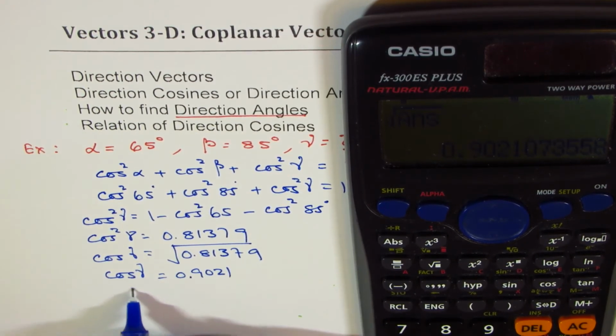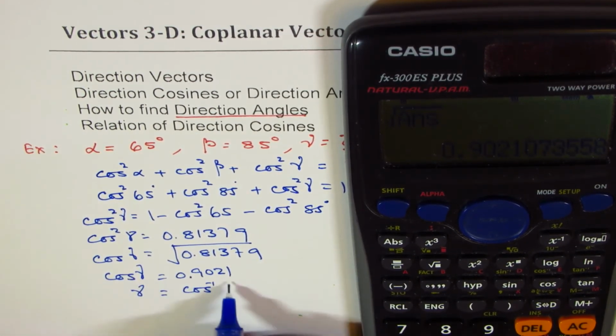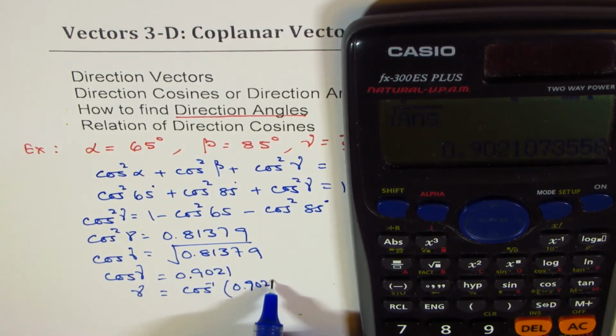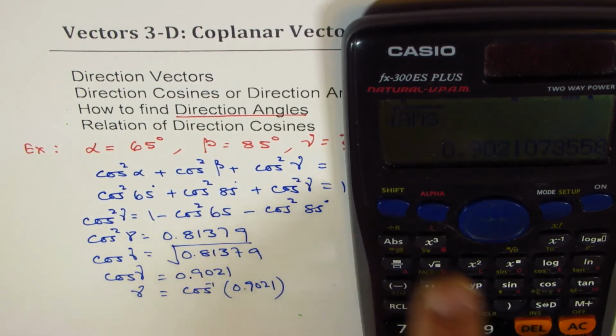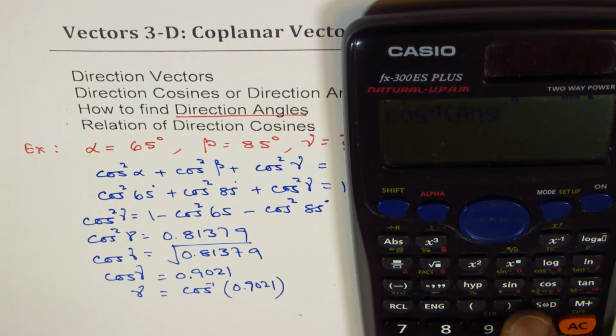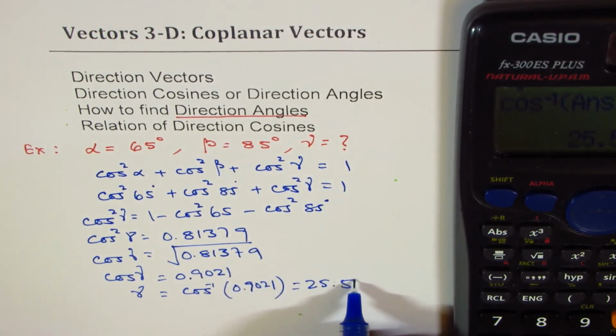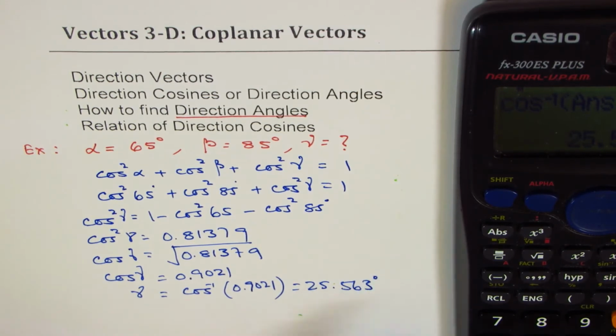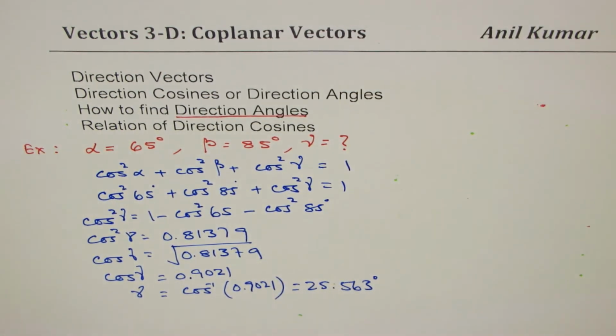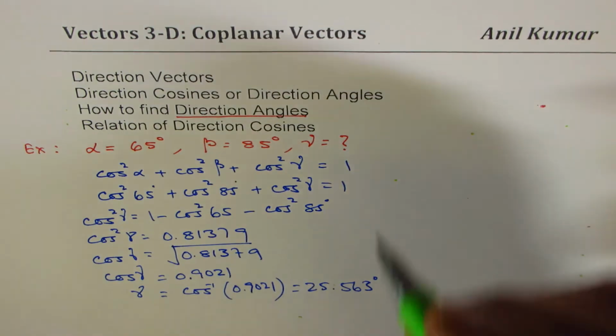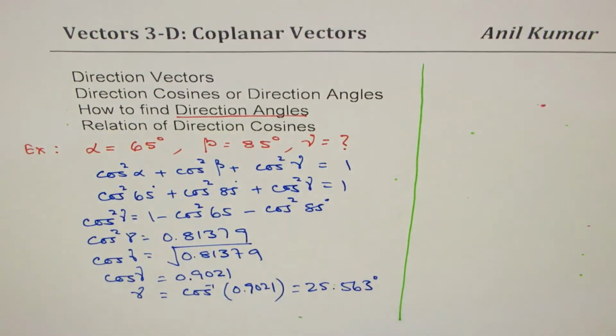From here we know what gamma is, which is cos inverse of 0.9021. If I do shift cos inverse of our answer, we get 25.563. Do you see that? So that becomes the angle for gamma. So if two angles are given to us, we can always find the third direction angle. Is that okay? So that is how you do it.